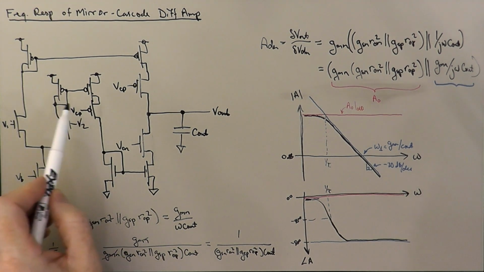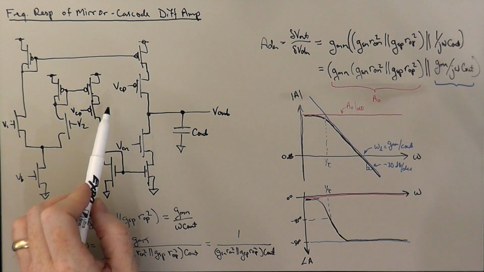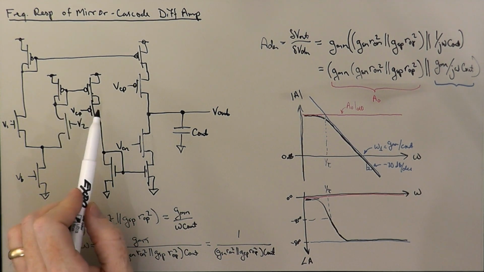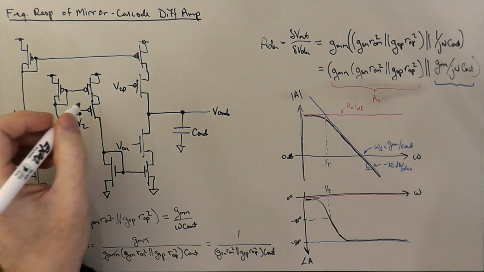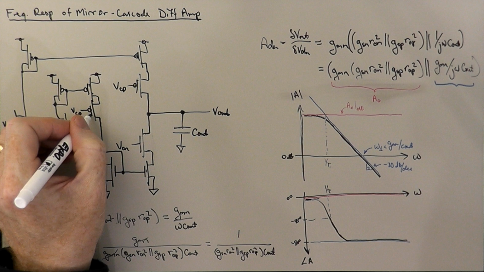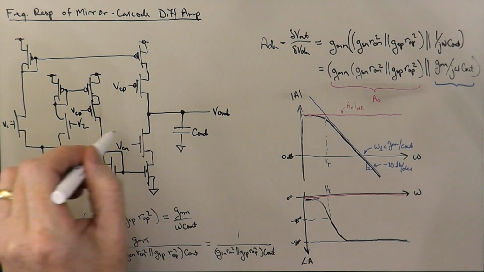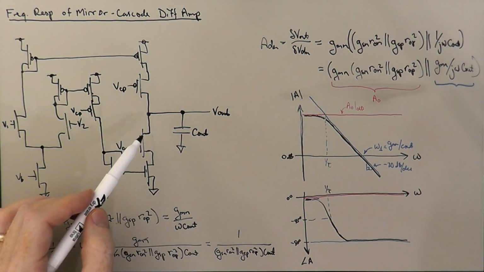So now we've basically done the same thing to the current mirrors in both paths around the circuit. Okay, so up to this point, the circuit is highly symmetric.